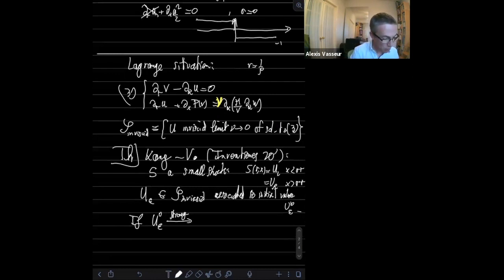So if U epsilon 0 converges to U0, to the S0, the initial value of the shock, then actually U itself converges, well, weakly we lose things, but that's okay, to the function S, right? When epsilon converges to 0. So this is t equal to 0, this is t positive.